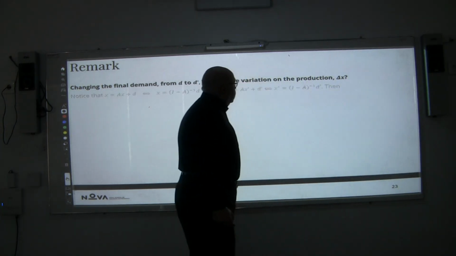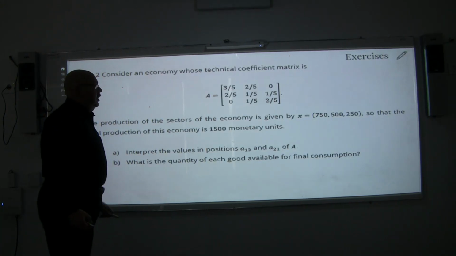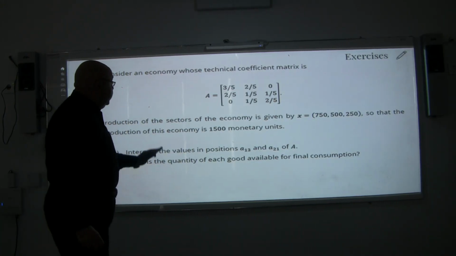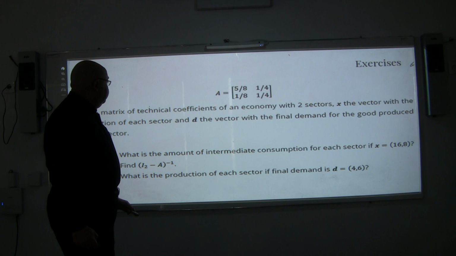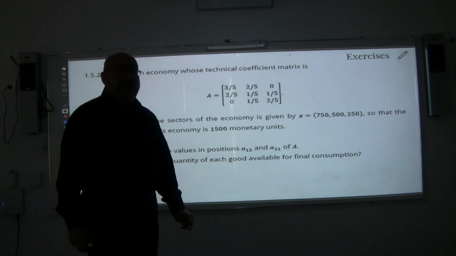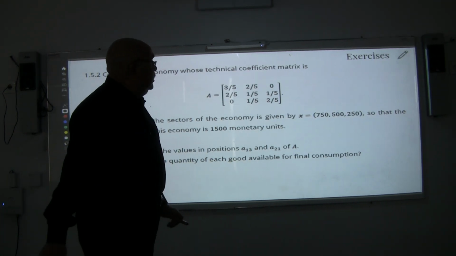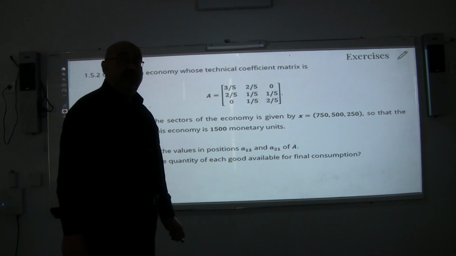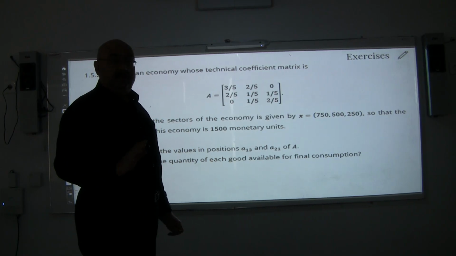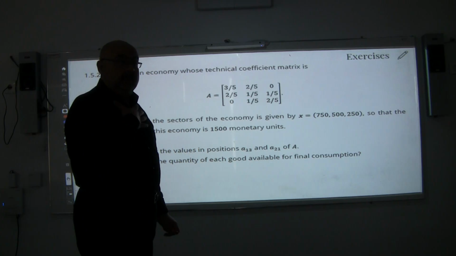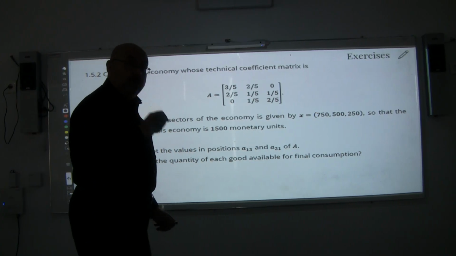So let's put it this way in order to be sure that it's all set up for you. For this problem, I have X, which is 700, 500, 250. I need a final demand of 1,000. So I'm giving you D.